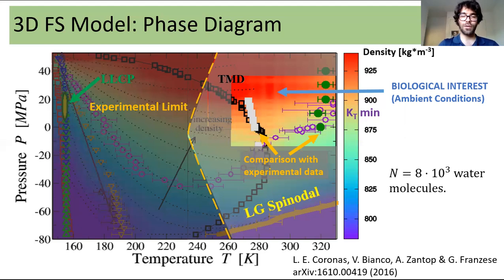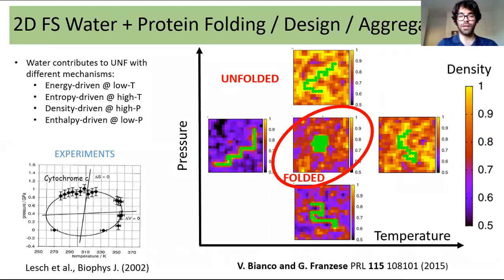I'm also working on extending this 3-dimensional water model to include proteins. But up to the moment, we have already obtained a wide variety of results involving proteins and water in 2 dimensions. This work was performed by Valentino Bianco during the last years and many co-workers.